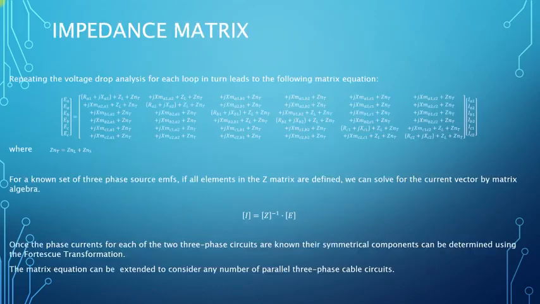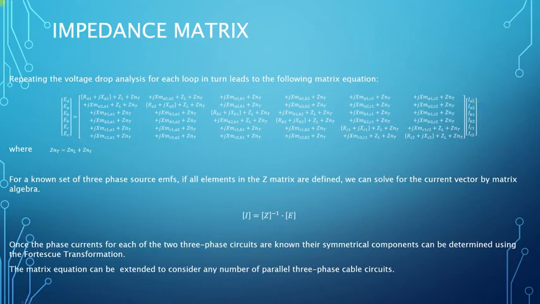And this matrix equation tells us that the source EMFs is equal to the impedance matrix, which is made up of the mutual reactances, the self-impedances, the load impedance, and the star point neutral impedances, multiplied by a current vector, which is the currents in each phase of the 6 cable cores.